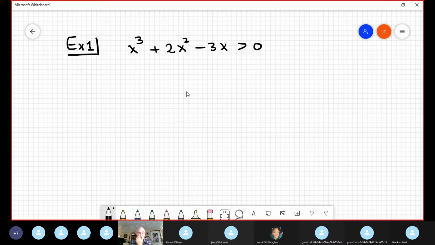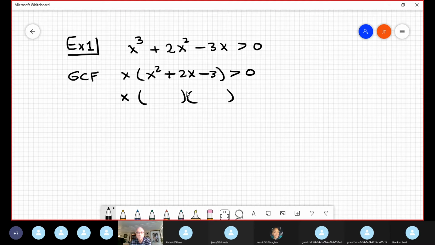I do the factorization. The greatest common factor is x. I factor out x. I have x squared plus 2x minus 3 greater than or equal to 0. Now, I can see a trinomial of degree 2, and the factorization is (x + 3)(x - 1), no? 3 and 1, because 3 times 1 is 3, and 3 minus 1 is 2.